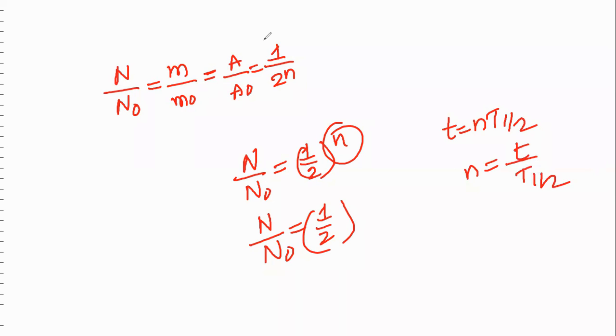Therefore, N divided by N naught is 1 by 2 power (t divided by t half).